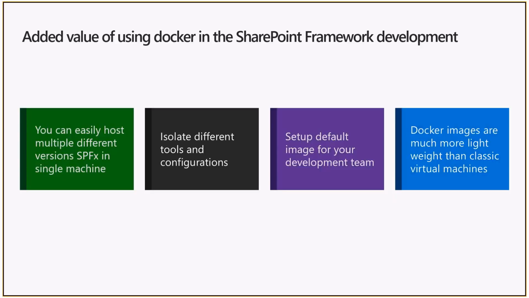So we're able to isolate these different versions. But it's not just about SharePoint Framework. You can also isolate different tools and configurations, meaning NPM, or if you want to test Yarn or other setups, you can isolate them inside Docker images as well.